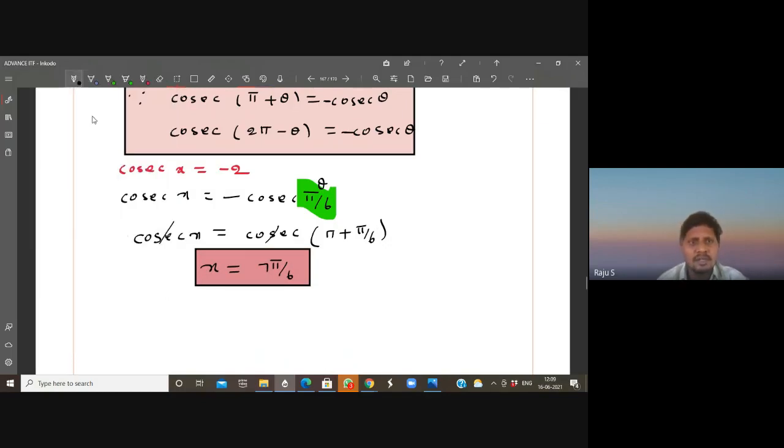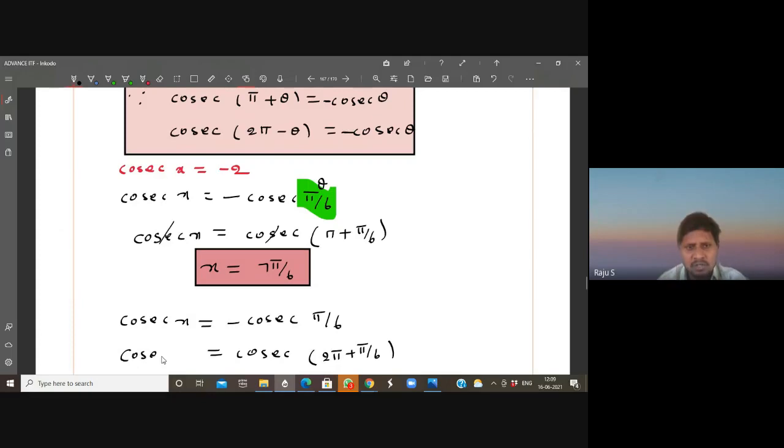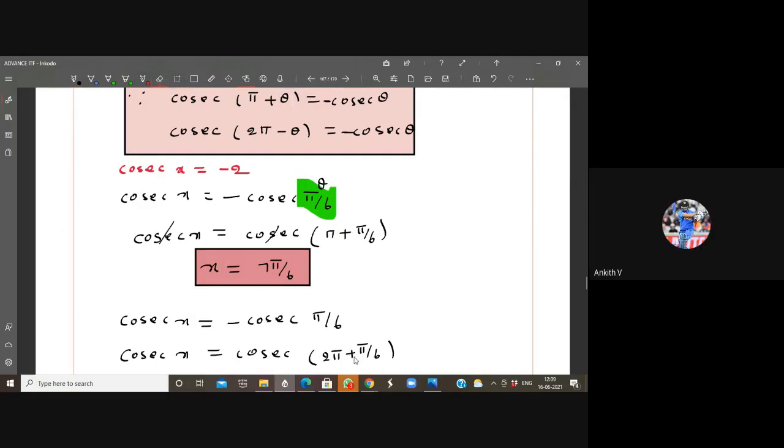Next, cosecant x is equal to minus cosecant pi by 6, which can be written in the fourth quadrant as cosecant of 2 pi plus pi by 6. The left side is cosecant x. Cosecant 2 pi plus or 2 pi minus? I have written 2 pi plus pi by 6. Is it right? Minus, sir.